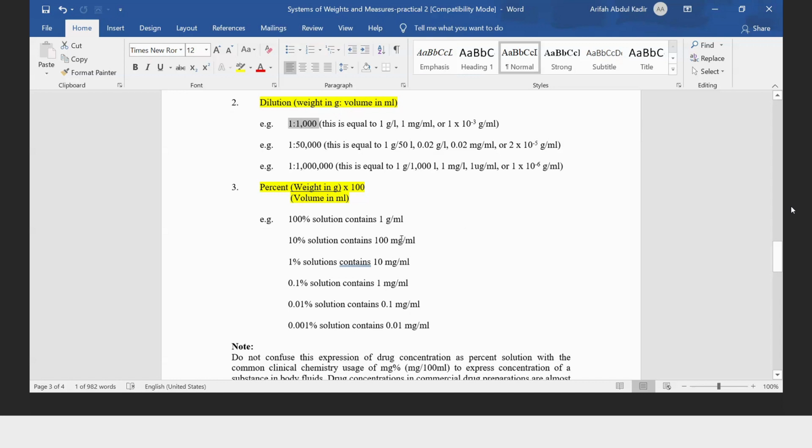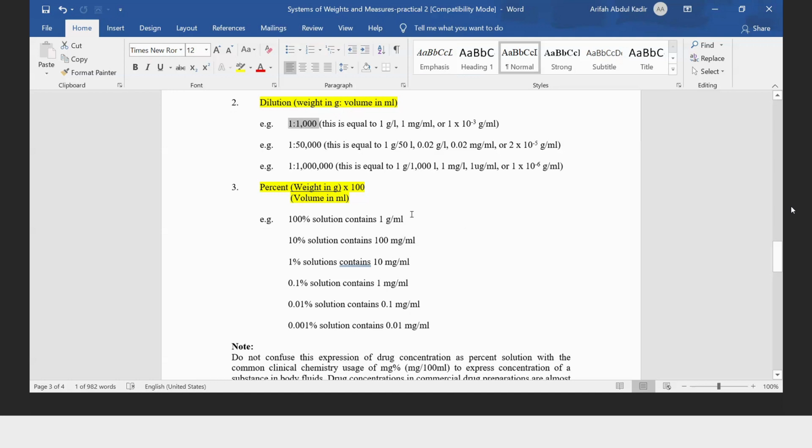Sometimes the question will ask you to state in gram per ml, sometimes milligram per ml, sometimes microgram per ml, so depending on the question when they give a percentage question. But what you have to remember is this formula. If you calculate 1 milligram per ml, it's wrong, everything is wrong.